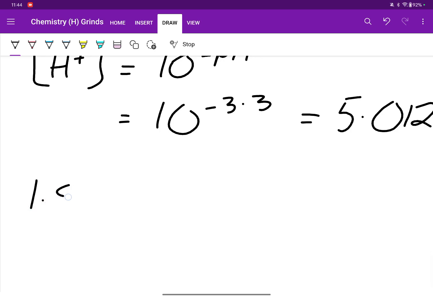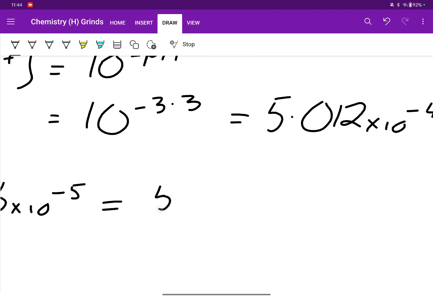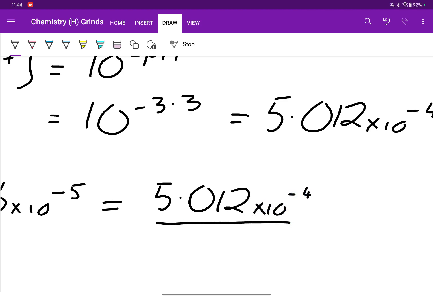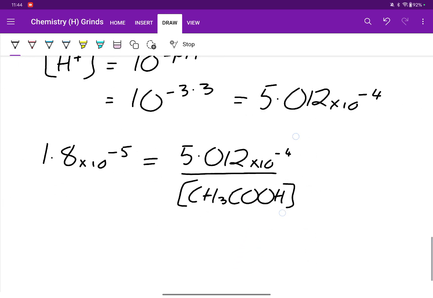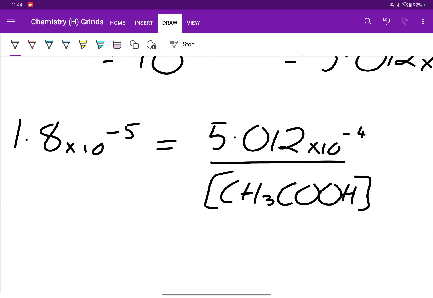So now we have 1.8 by 10 to the minus 5 is equal to 5.012 by 10 to the minus 4 over the concentration of ethanoic acid. So what we'll do then is I'll just say the algebra.